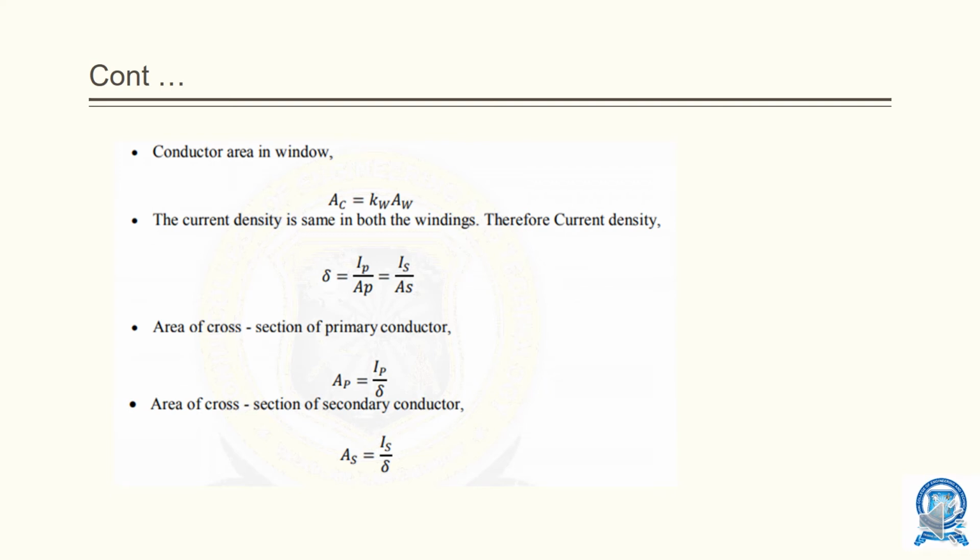As I told, here both the current densities are equal, so I'm just equating it with delta. Delta is nothing but current density, which is equal to IP by AP, which is again equal to IS by AS. Area of cross sectional of primary conductor AP is equal to IP by delta. Just from the above previous equation, I have rearranged in order to get the value of AP and AS.